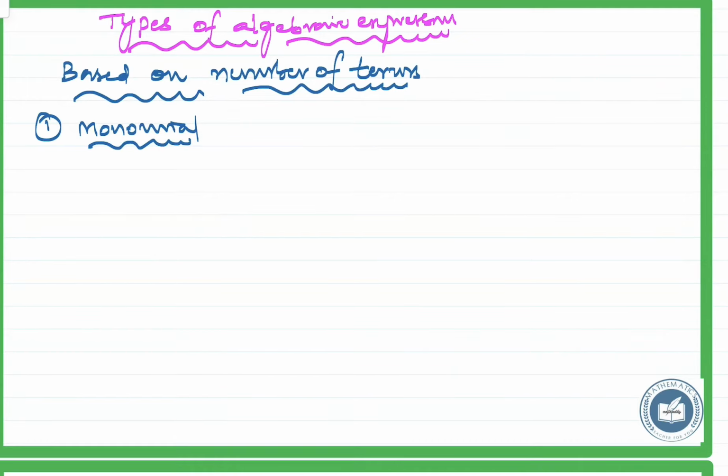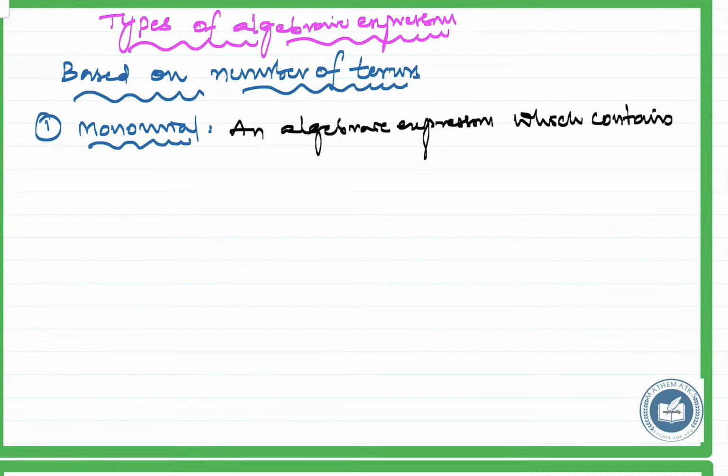An algebraic expression which contains only one term is called monomial.